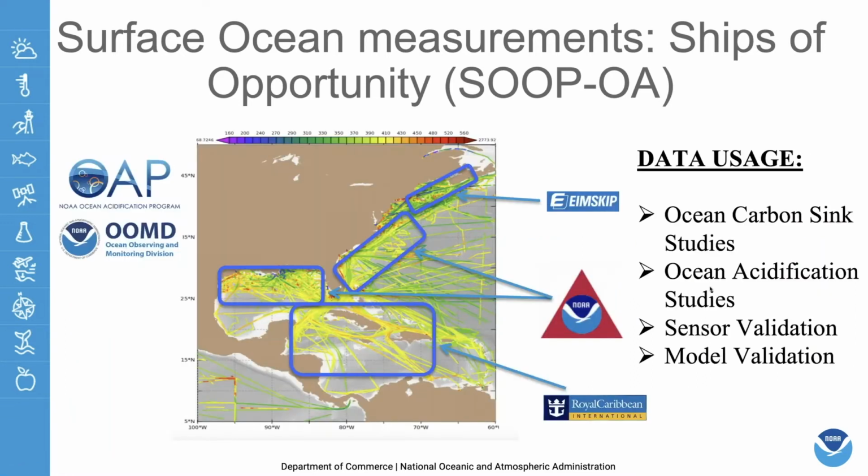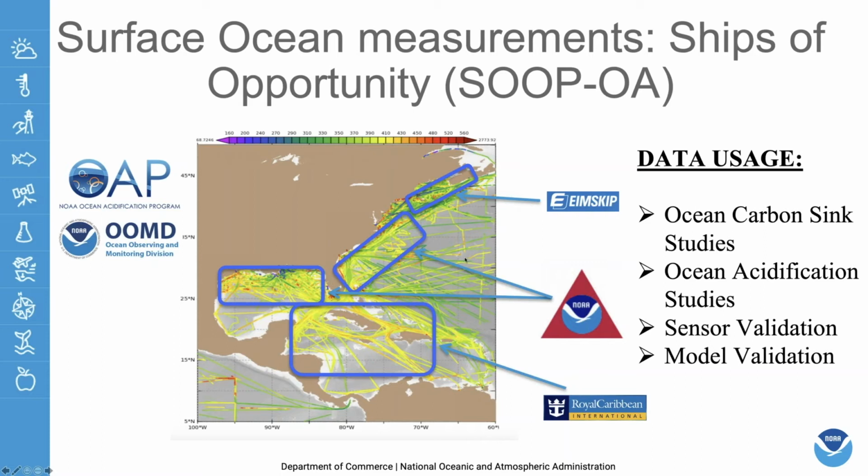So keeping our focus on the East Coast, the Gulf of Mexico, and the Greater Caribbean, the Ocean Acidification Program funds our systems in 2 NOAA fisheries ships, the Gordon Gunter and the Henry Bigelow. They operate mostly along the East Coast and the Northern Gulf of Mexico.